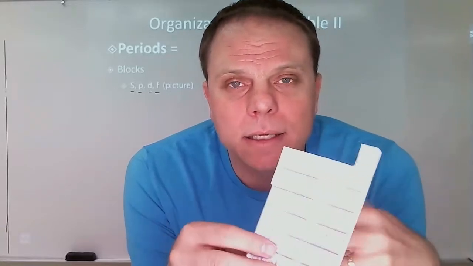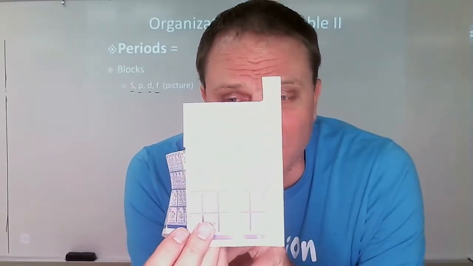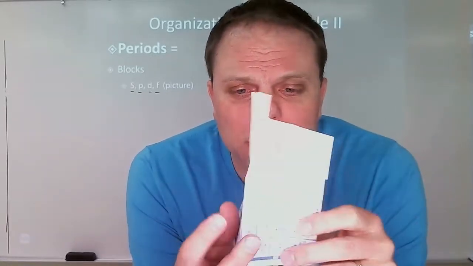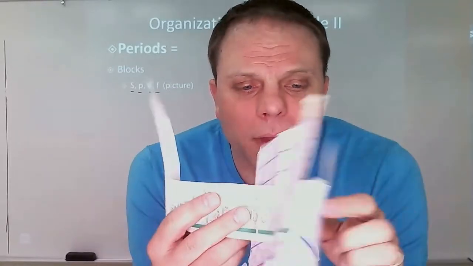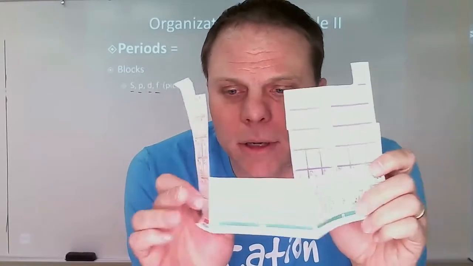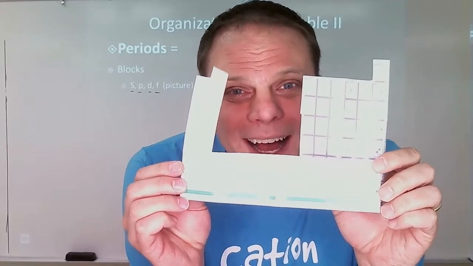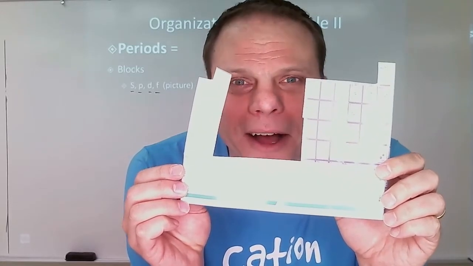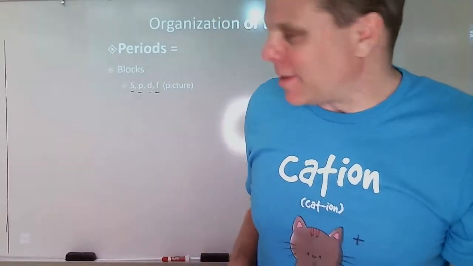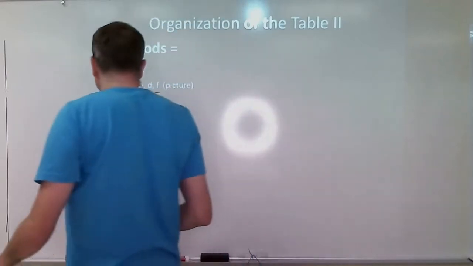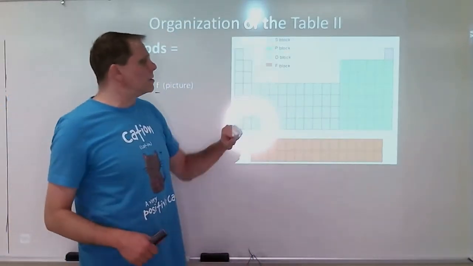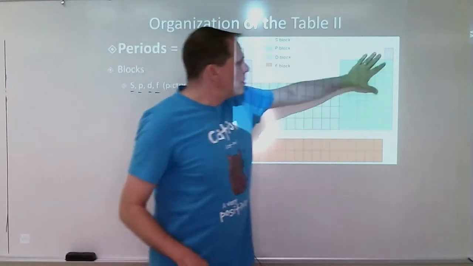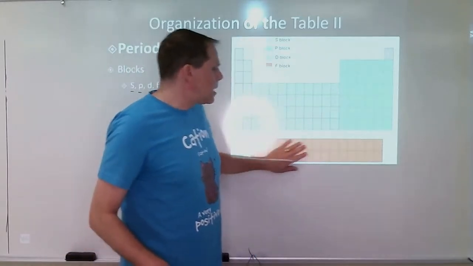The p sublevel, those 6 columns. The d sublevel, those 10 columns. And then the f sublevel, it's going to be those 14 columns. I forgot what number I had in my head there. All right, so s, p, d, and f. So I want you to make sure that you can identify those different ones, all right? s, p, d, and f.